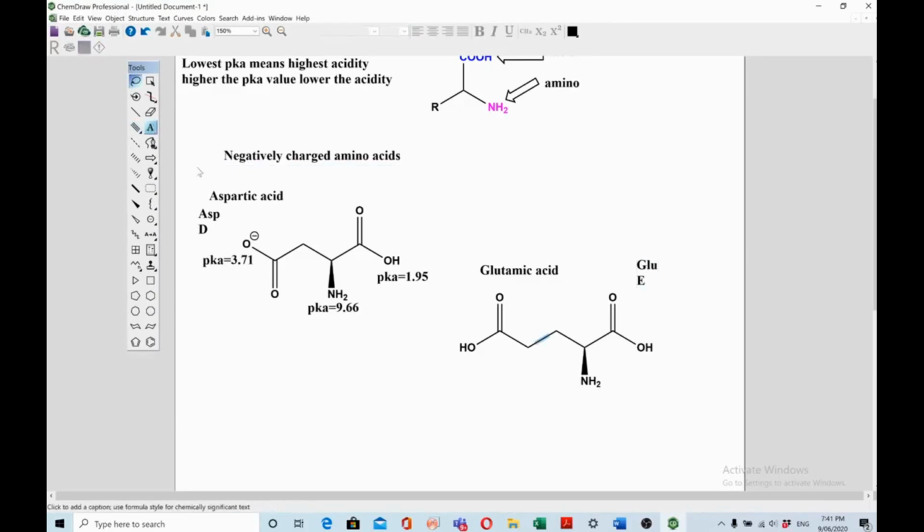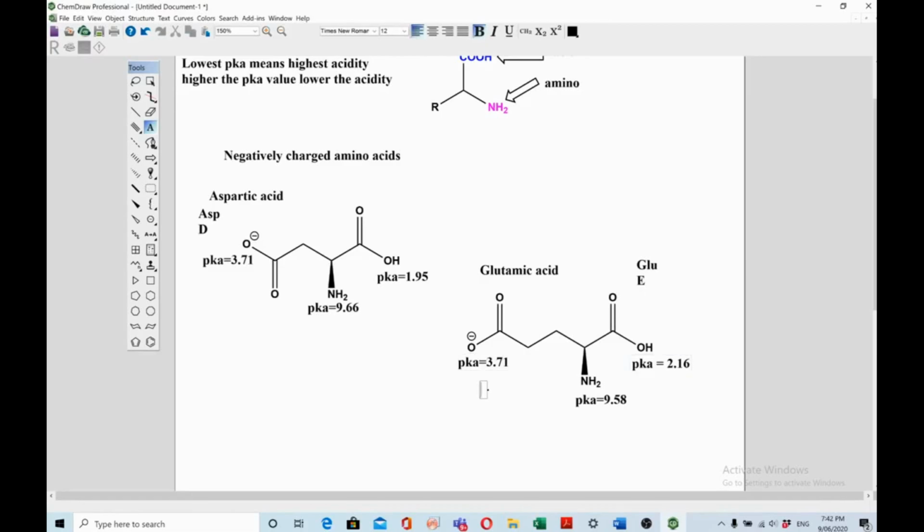Now the pKa value for this acid group is 2.16. The pKa for this NH2 is 9.58, and there will be a negative charge on this oxygen, which is why we classify them as negatively charged amino acids, and the pKa will be 3.71.